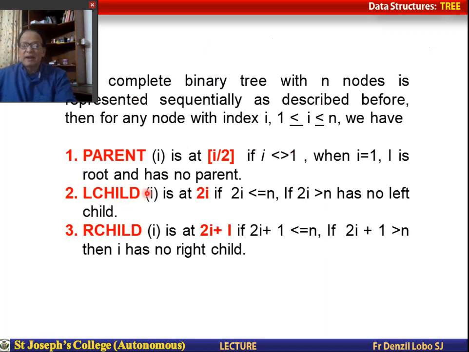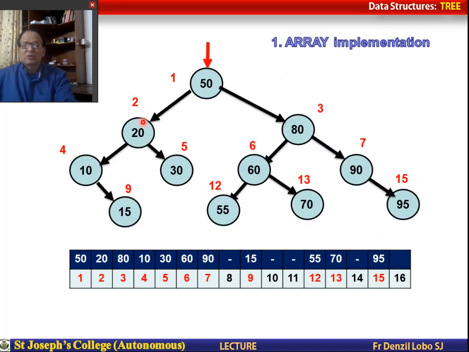Now, how do I get the left child and the right child? Suppose i is the index of the parent, the left child is 2i. So here, if this is the index of parent, the left child is 2i, and here 3 is the index of parent, 3 into 2 gives me the index of the left child. How do I get the index of the right child?